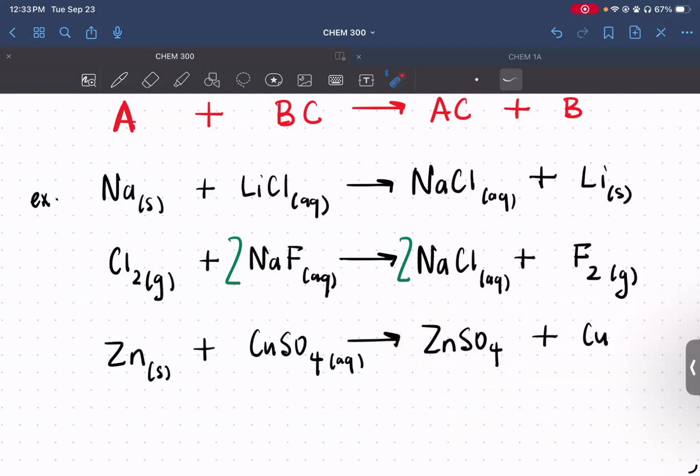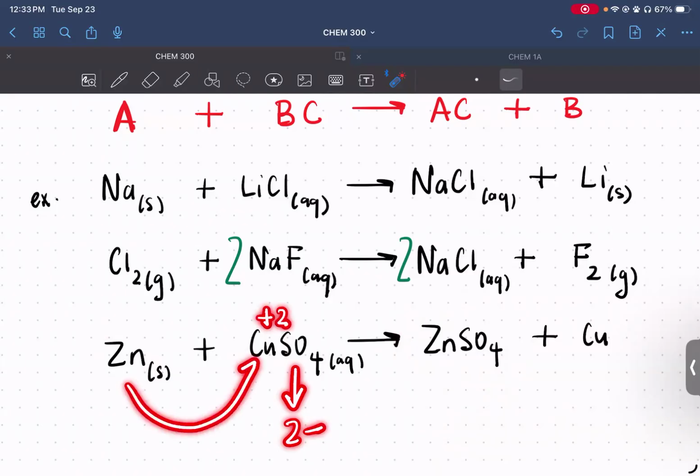Here's the logic. Since zinc replaces copper, it makes the most sense that it also replaces the charge. So sulfate is 2-. The fact that copper sulfate is 1-to-1 tells us that copper is +2.